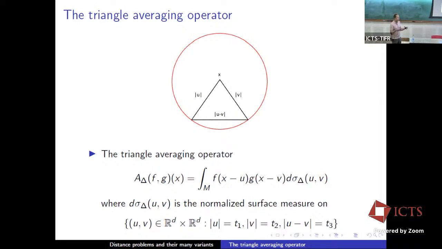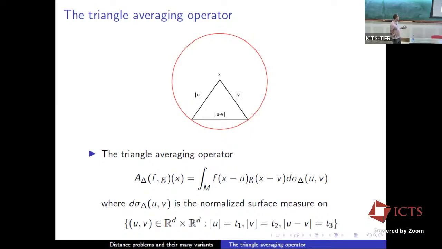There's one measure mu that you put on it that encodes the dimension, as yesterday. And just as with the spherical averaging operator, morally what we were averaging was that measure, or a smoothing out of it. You might say, well, these 2 functions really are the same. They're the same measure.